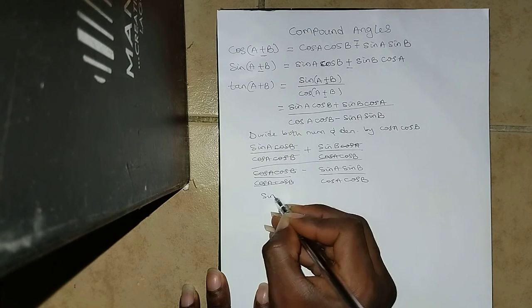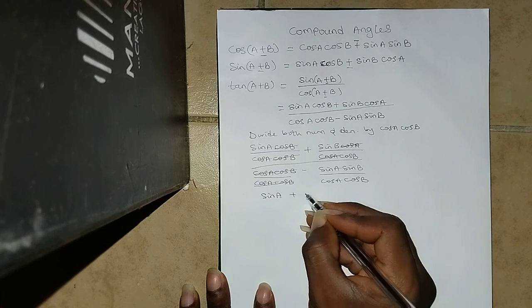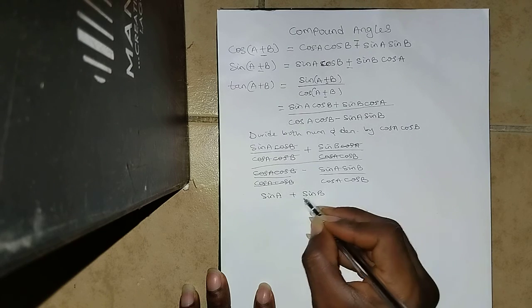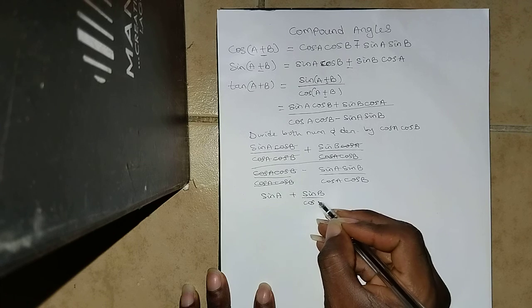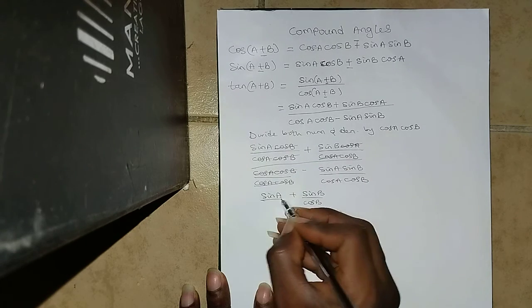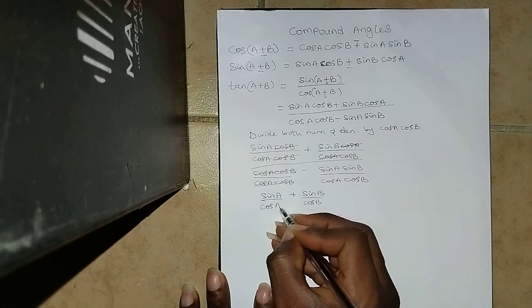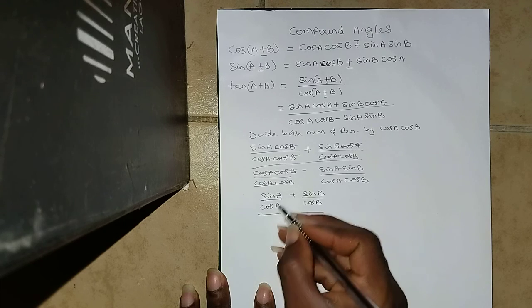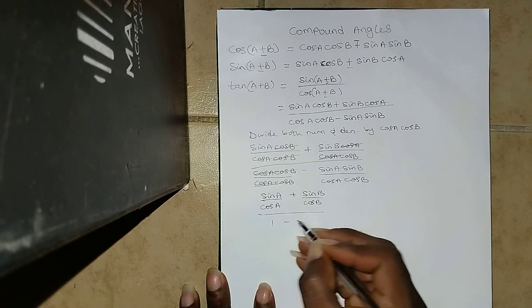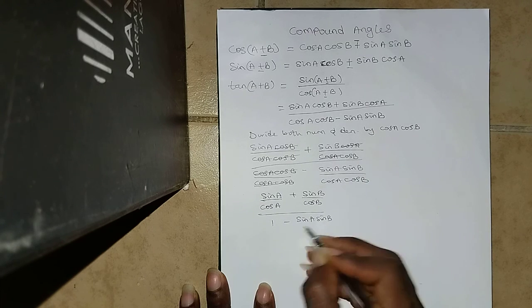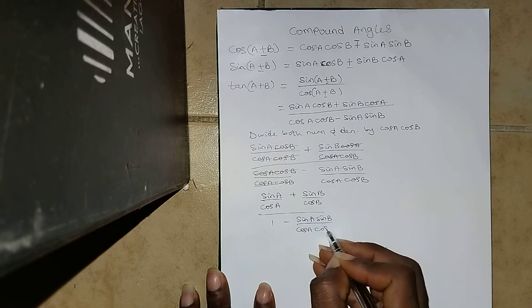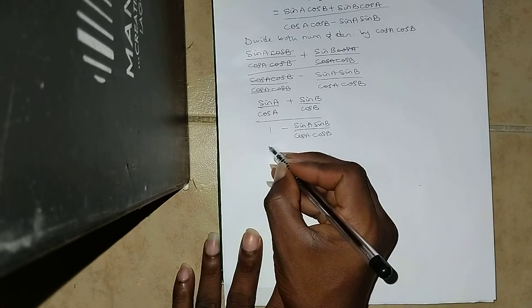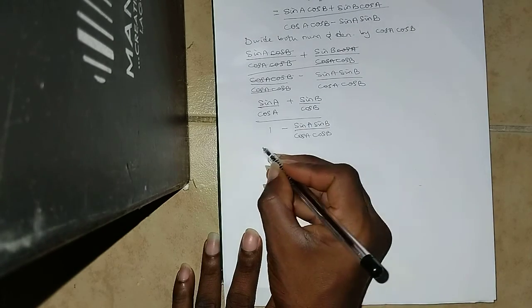So now I'm left with sine A over cos A plus sine B over cos B, all over 1 minus sine A sine B over cos A cos B.